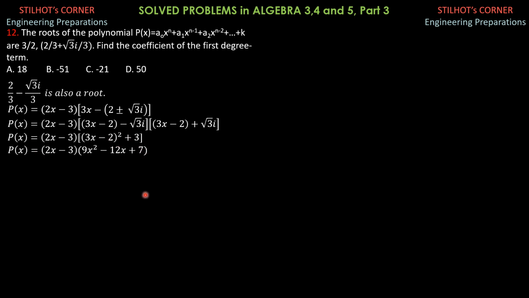Then distribute. P of x is 18x cubed and minus 24x squared, and 2x times 7 plus 14x, minus 27x squared, then plus 36x, then negative 3 times 7 minus 21.